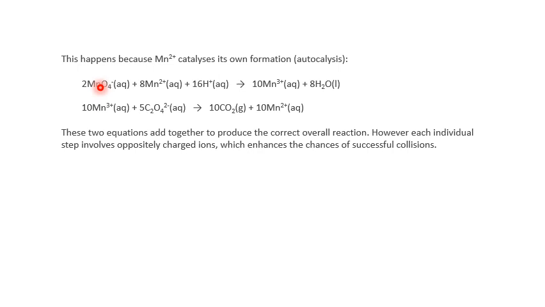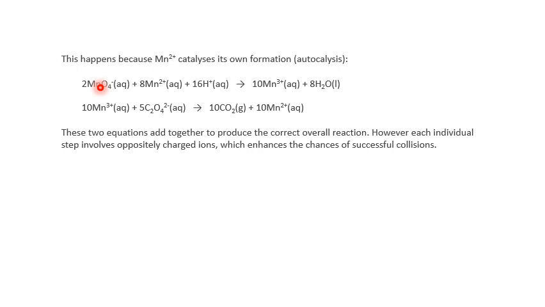So the probability of a successful collision is limited by the fact that they're slowed down by the repulsion between them, and therefore they're not very likely to hit each other hard enough for the reaction to happen.